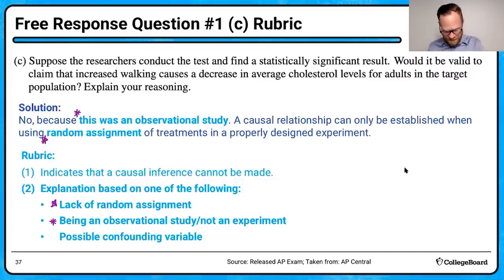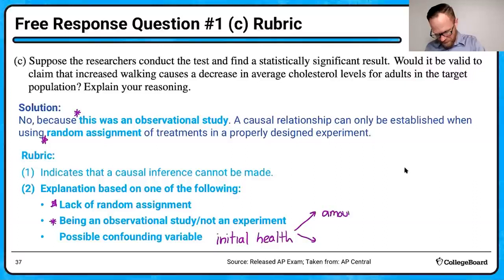In this particular context, someone might say that the initial health of each one of the subjects might be a possible confounding variable. Now, very important, if you're going to go this route and talk about a confounding variable, you have to make sure that you link the confounding variable to both the explanatory variable and the response variable. In this case, the explanatory variable is the amount of walking.